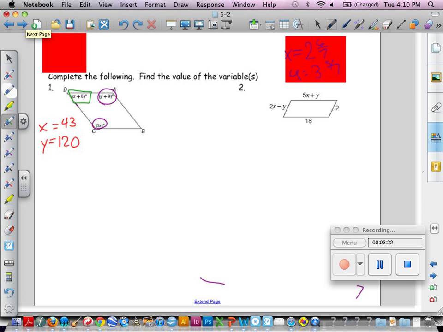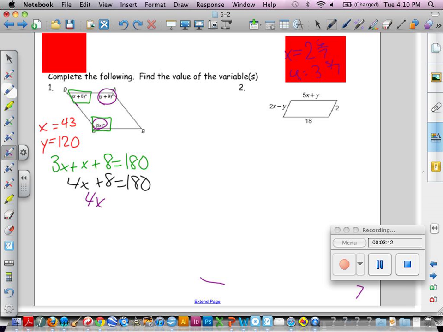Adjacent, add to 180. 3x plus x plus 8 equals 180. 4x plus 8 equals 180. Minus your 8, 4x equals 172. X equals 43.